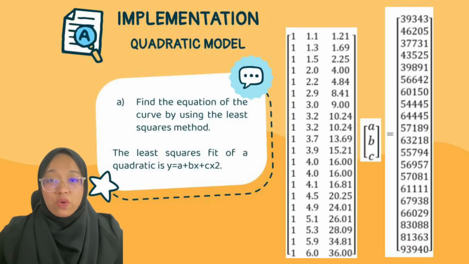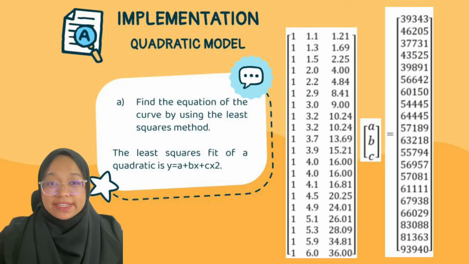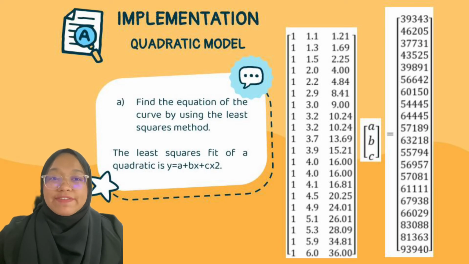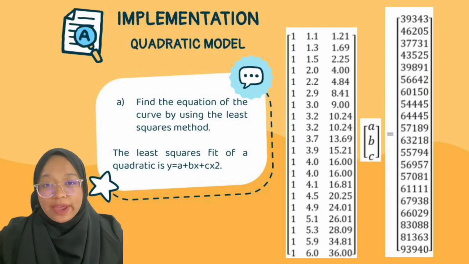Implementation for quadratic model. Find the equation of the curve by using the least squares method. The least squares fit of a quadratic is y equal to a plus bx plus cx squared. As you can see, the first matrix is our m. Next is our v, and equal to our y.